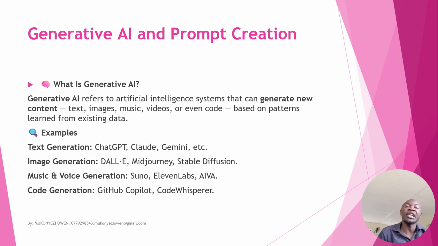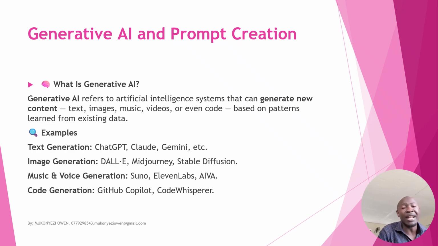Then we have generative AI and prompt creation. This is very important because if we do not learn prompt creation, we may not manage to interact with some of these platforms. Okay? What is generative AI?